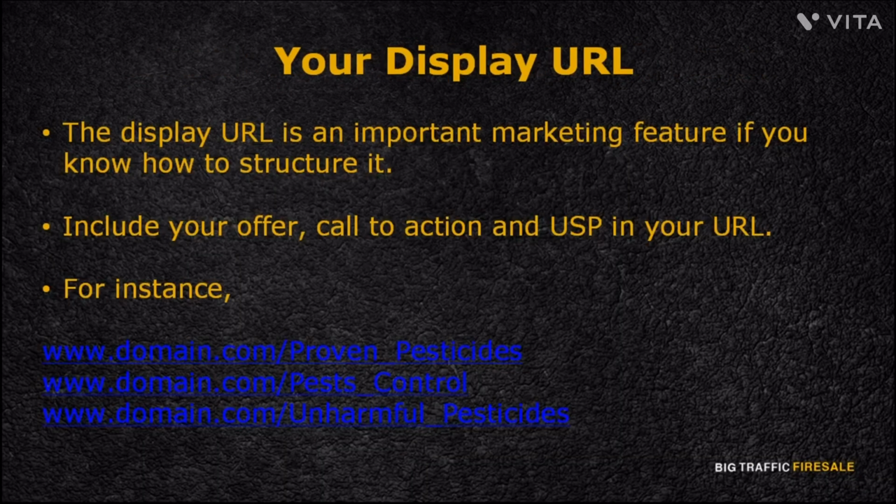Last but not least, let's look at the display URL. This is oftentimes ignored by most users. The display URL is an important marketing feature if you know how to structure it. Most users will find the easy way out by just copying and pasting their domain name. Instead, what you can do is include your offer, your call to action, or even your USP that will make your URL unforgettable.